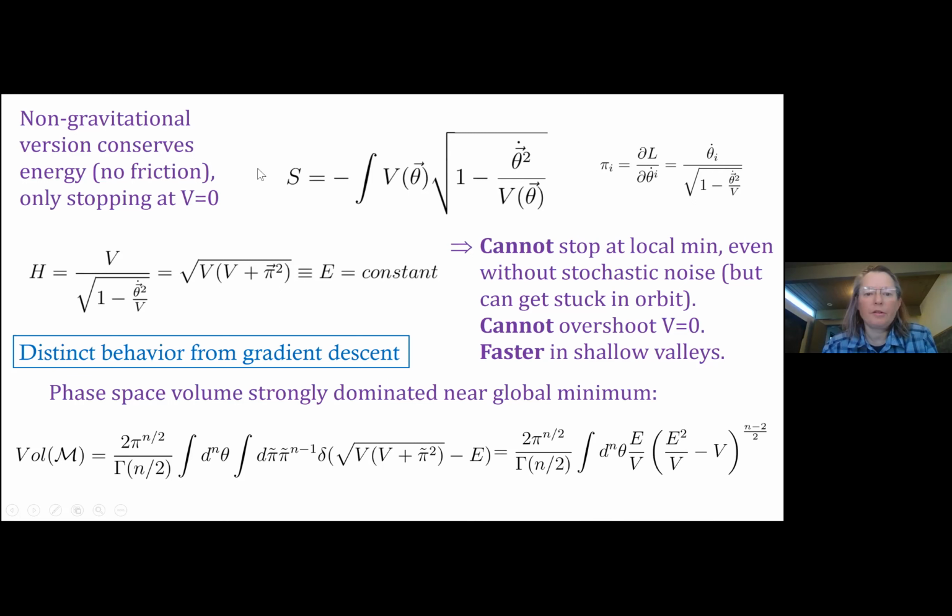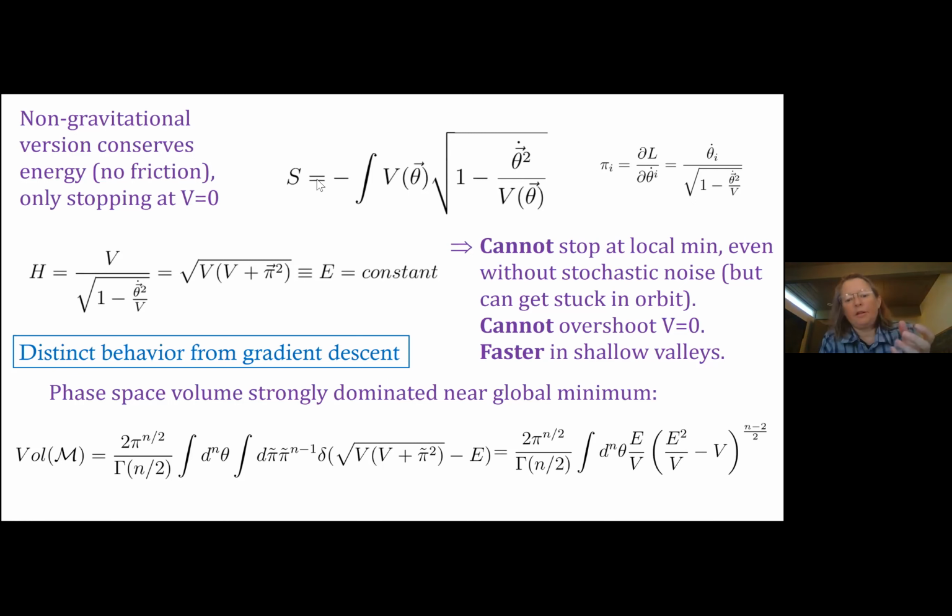I noticed there's something in the chat. Let's see. How do you choose initial conditions, parameters for optimization? Could you accidentally choose something such that you can get stuck in a local minimum? So you can get stuck in orbit. You can also not have enough energy to get over a barrier, but you can easily add to that and avoid that problem.